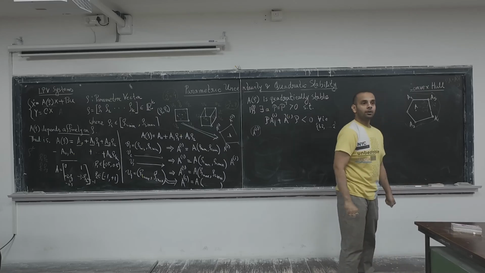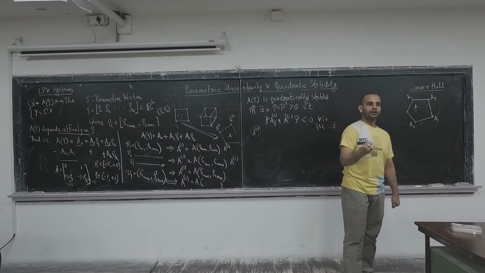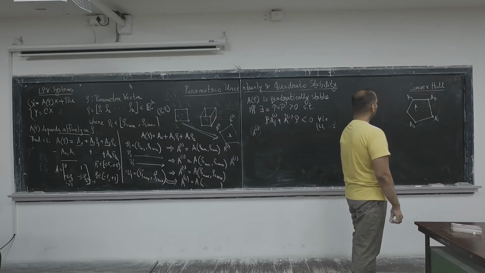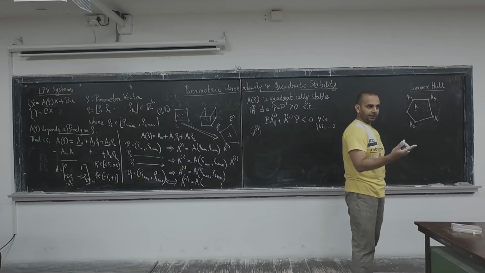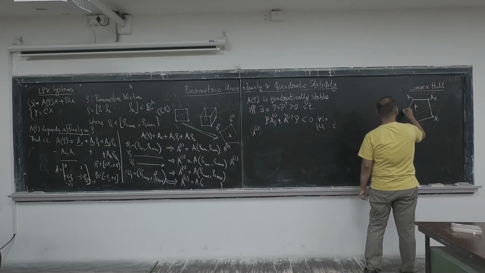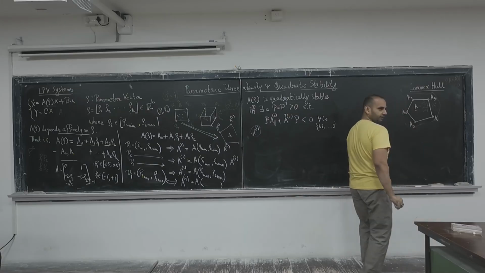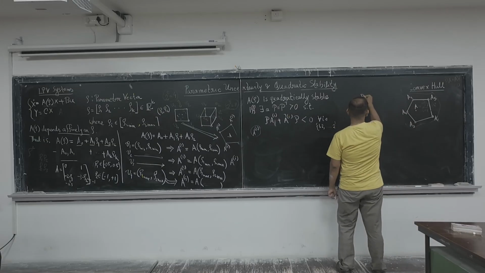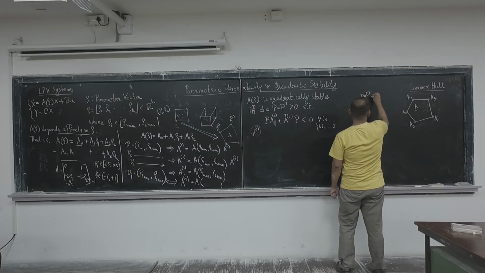What have you understood about this quadratic stability of an LPV system? Like the Lyapunov criteria, or the inequality PA plus A transpose P negative definite, that we are going to apply to all these vertices.